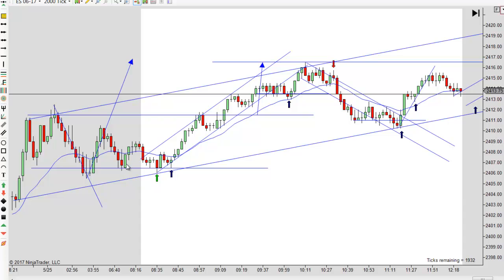So understand that when you enter right here, you're not entering above the signal bar. You're entering above the next bar to it, and that's not always, and most of the time you don't want to do that. It has to be a special situation, and there's no real reason to enter here.